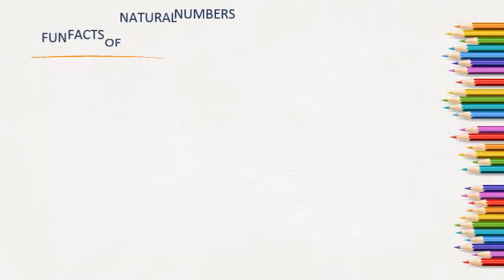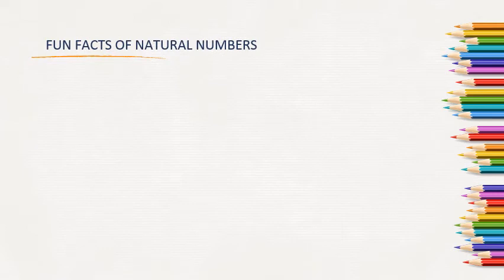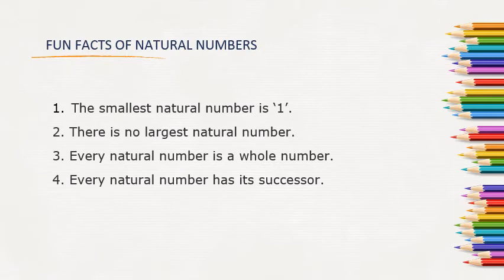So we have a few fun facts of natural numbers. We can see the smallest number is always 1 because we start at 1. There is no largest natural number because natural numbers don't stop. There isn't an end number.